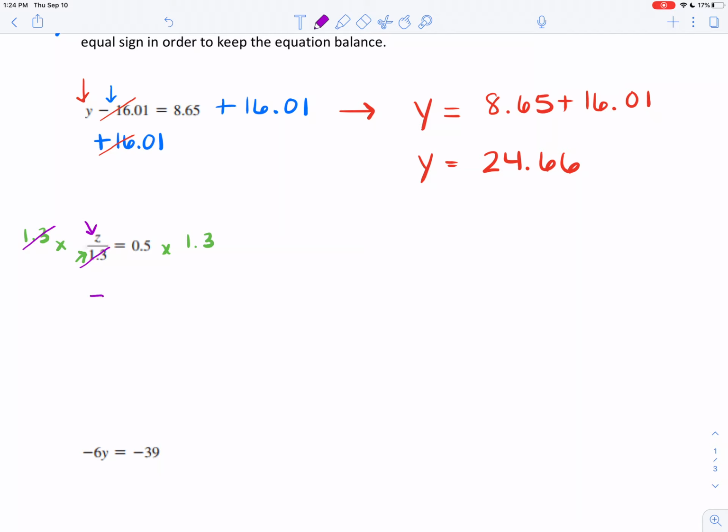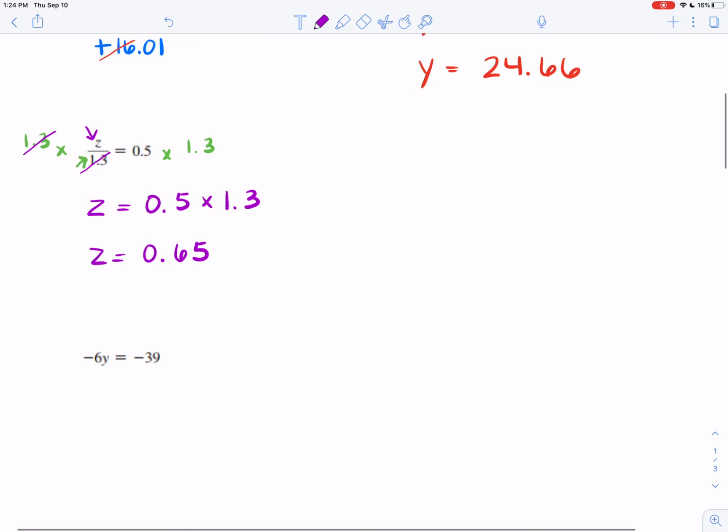So I'm left with just z. And on the other side, I've got 0.5 times 1.3. I simplify that, multiply those two things together, and I find out that z is equal to 0.65. That's the value of z that would make this equation a true statement.